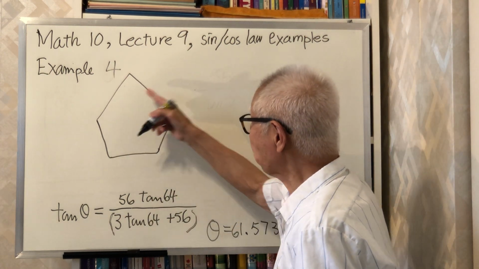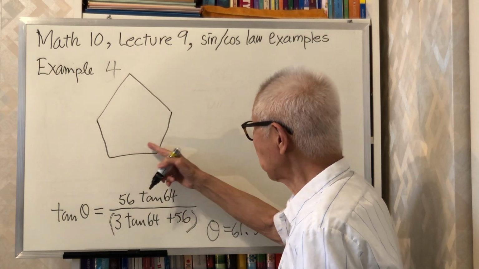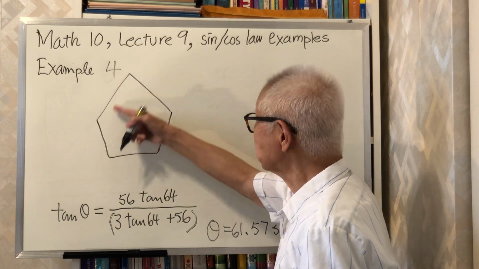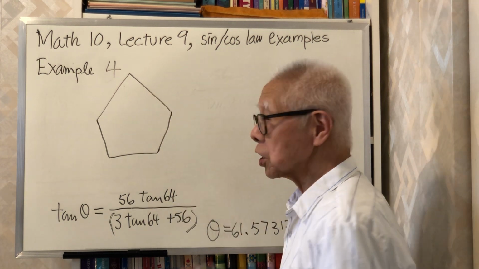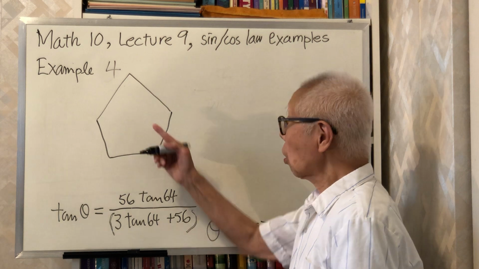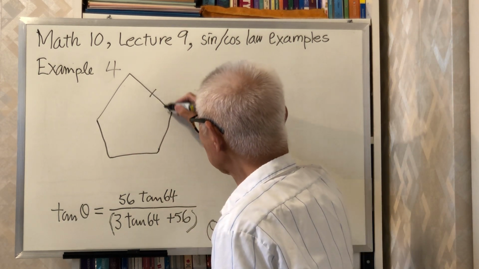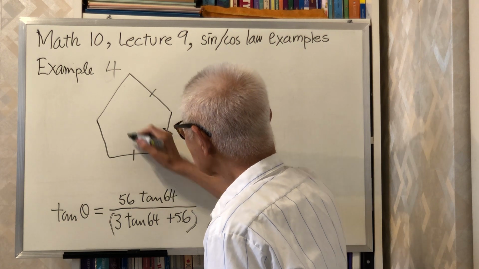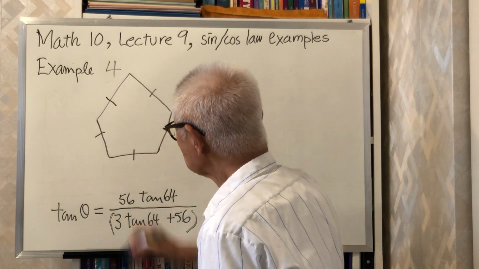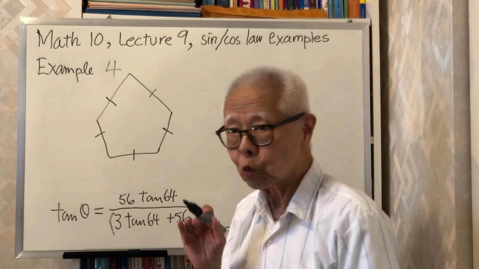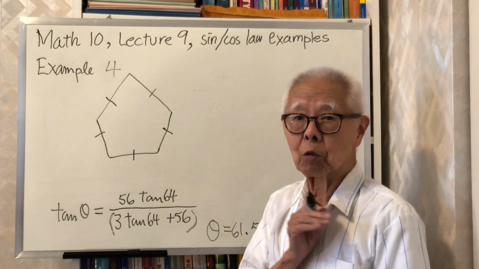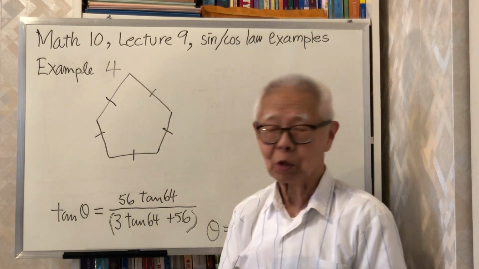Pentagon means you have 5 sides and 5 angles. And this is a particular pentagon. All the sides are equal to each other. So you label that. All the sides are equal. So this is called regular pentagon. Regular means all the sides are equal.